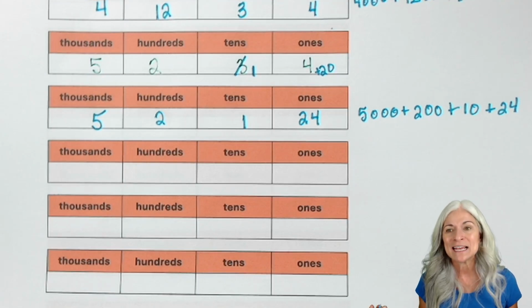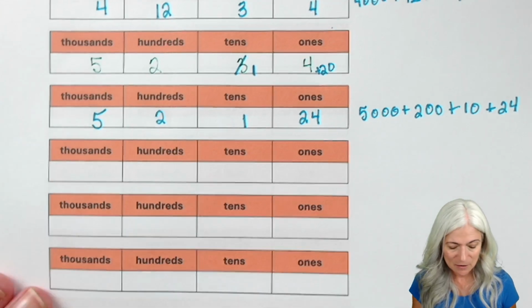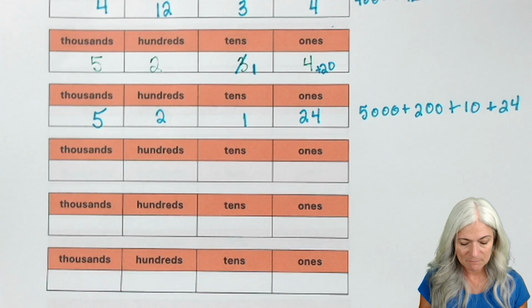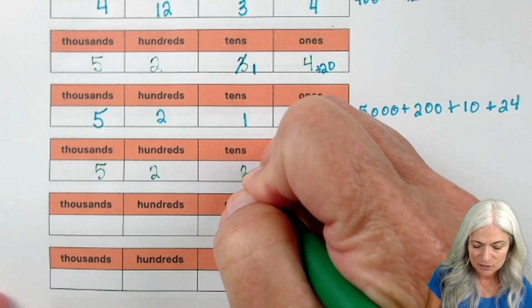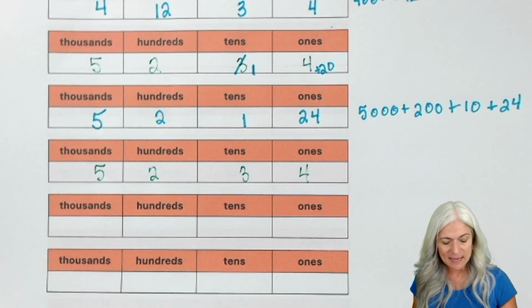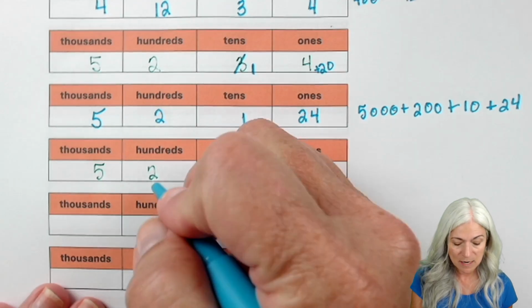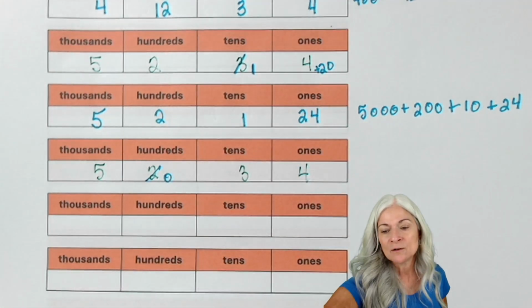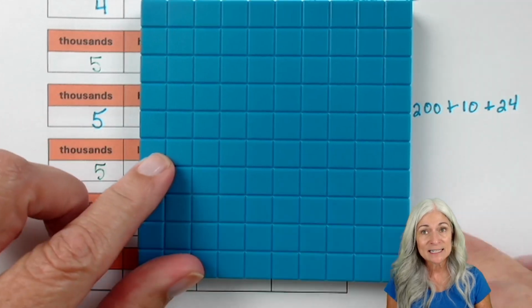Let's look at one last way. This video is going really long. I apologize. So let's say we have, again, go back to our original 5,234. All right. Well, let's say that I wanted to take away all of the hundreds. And so 100 is 10 10s.